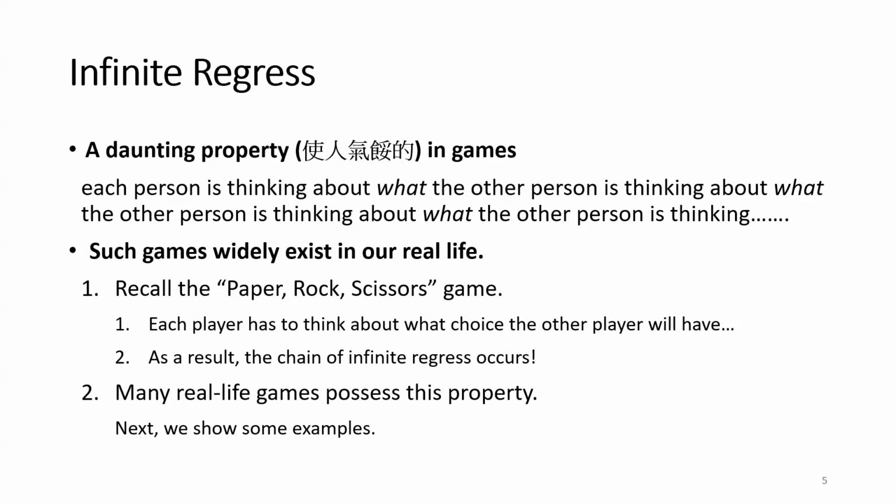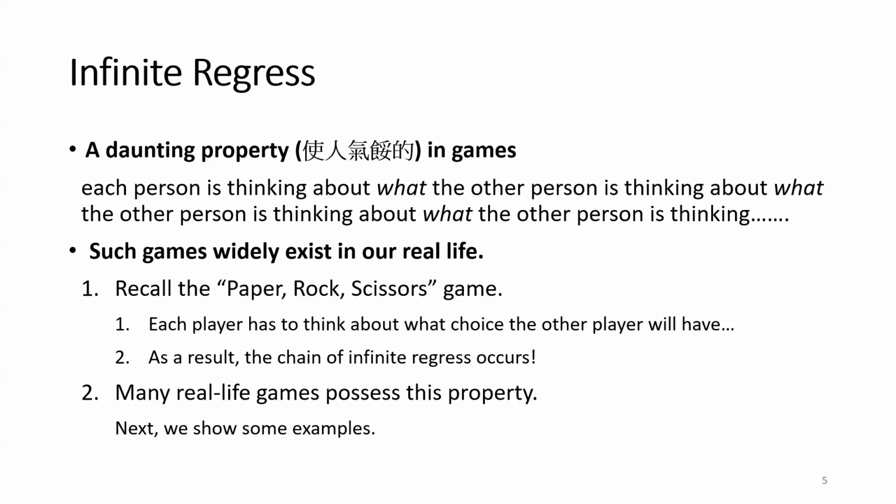If there are two players, yes, they can play this game. If there are three players, can they play this game? Four players? Yes. Even for 22 or 35 students, they can still play this game. But again, we simplify this paper, rock, scissors game to two players only.